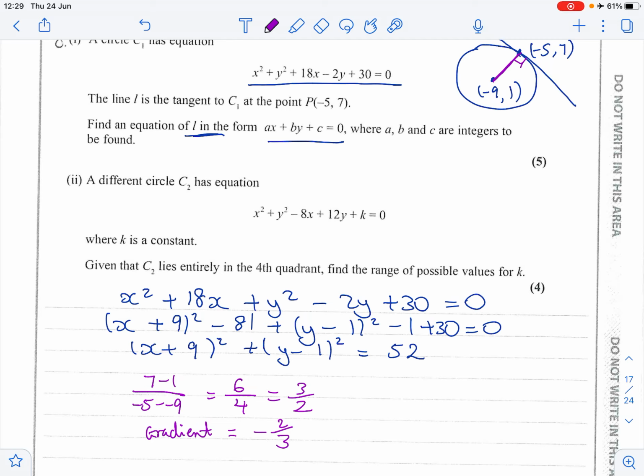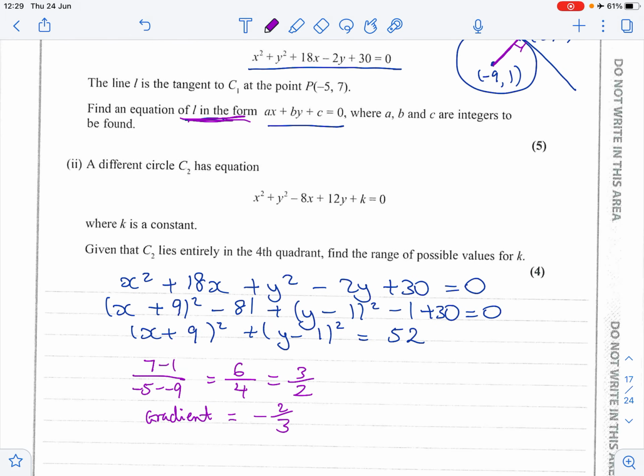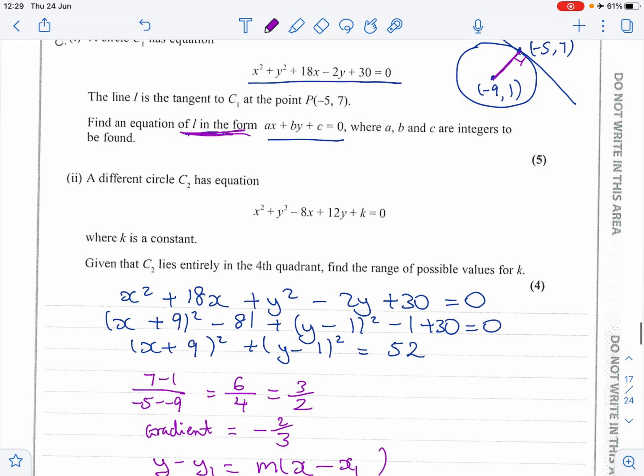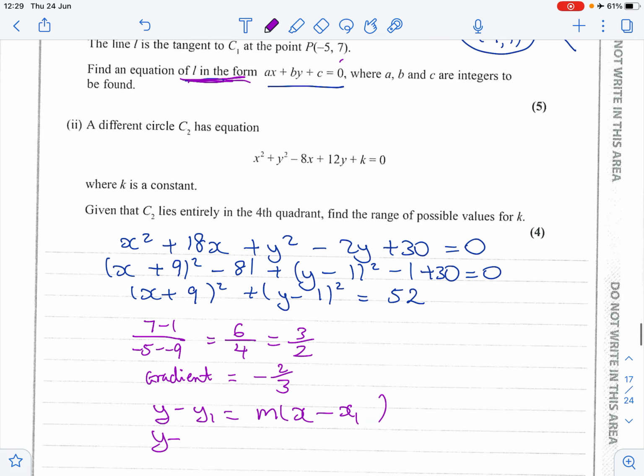Then once we have the gradient, we need to find the equation of this line. So you can just use our formula: y minus y1 equals m times (x minus x1). So our y coordinate is 7, equals our gradient minus 2 over 3 times (x minus x1, which is minus 5).